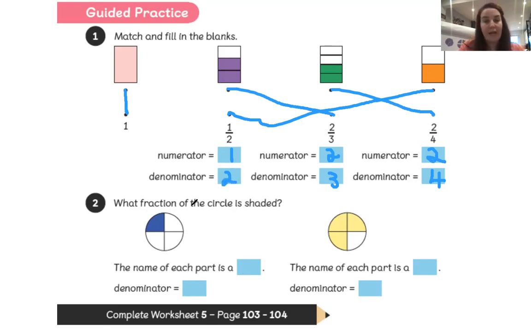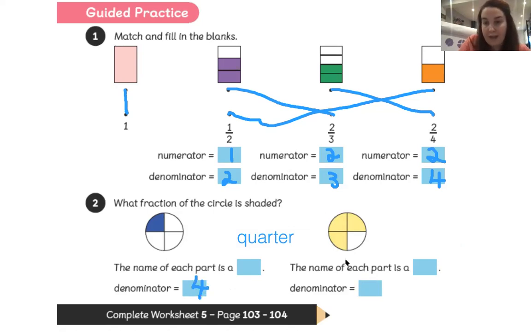So here we're now looking at what fraction of the circle is shaded. So the name of each part would be what? It's split up into 4. So what would be the name of each part? It is a quarter. And what's the denominator when we're splitting into quarters? It's 4.